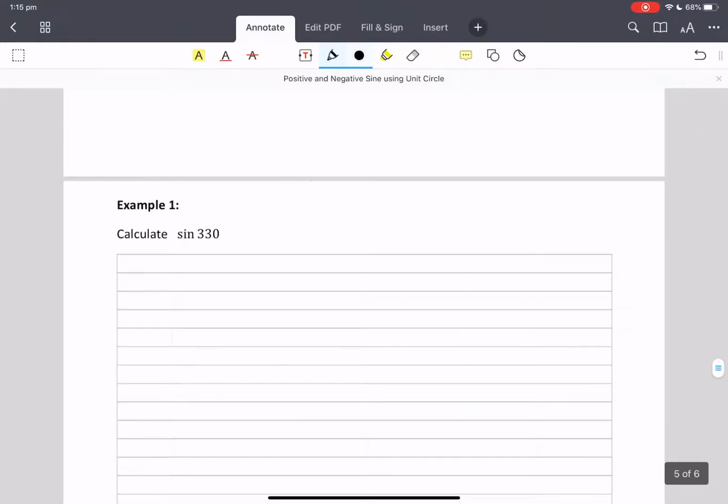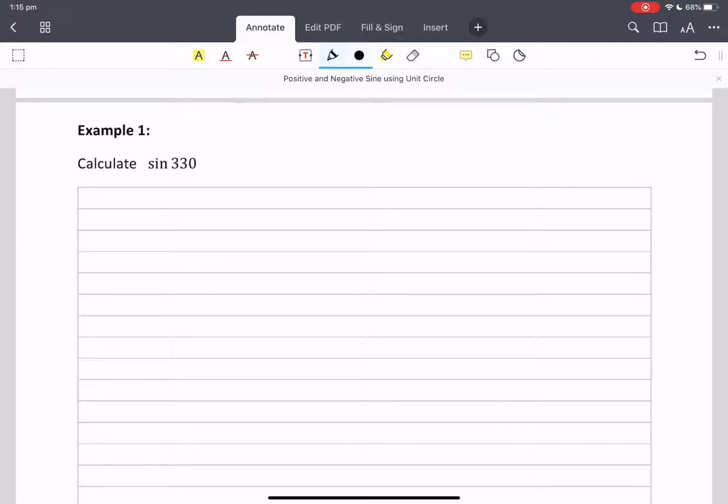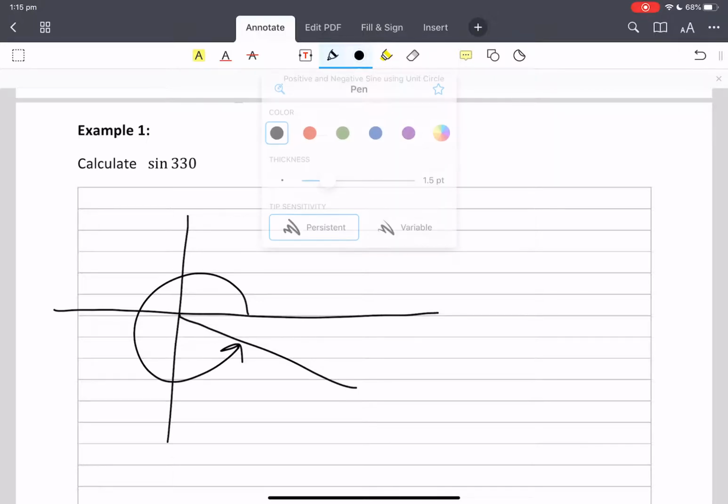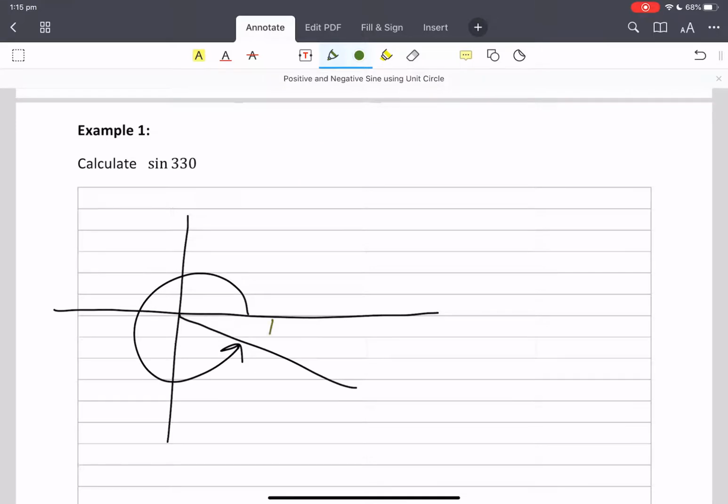Calculate sine of 330. Let's just go do an example. We don't have a calculator. You cannot use a calculator. So I've got to draw a triangle. I can't draw a triangle with 330 degrees in it, so I'm going to draw my unit circle. And there is 330 degrees. I need a reference angle, green.